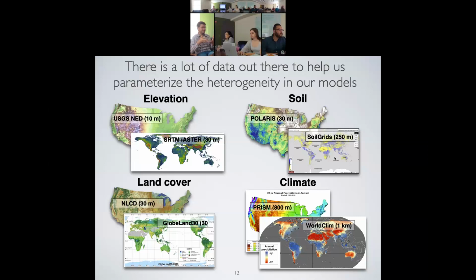Over the US and over Europe, where we already have an enormous amount of in situ data, it does pretty well. Over other places where it's data sparse, it has significant issues. But this is what SoilGrids currently is: the most contemporary global data set that we have for soil information.